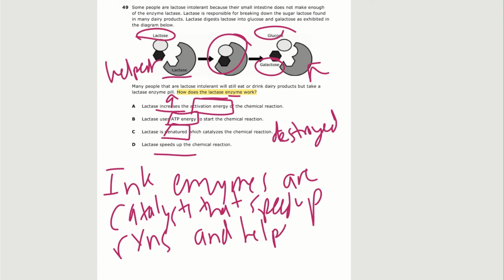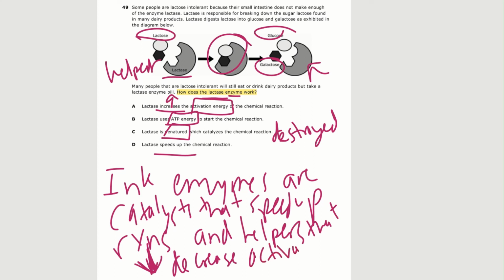And helpers that decrease activation energy. Energy you need to start. Activate. You're going to decrease it. You're not going to use as much because you don't need it because I'm helping you.